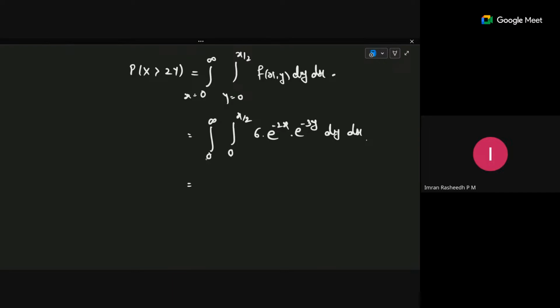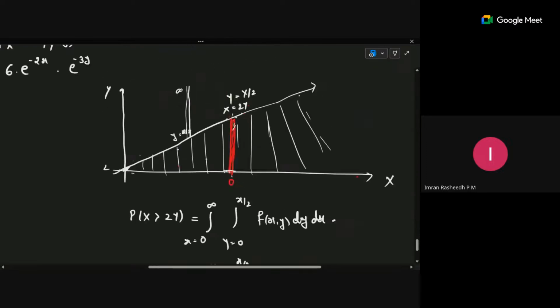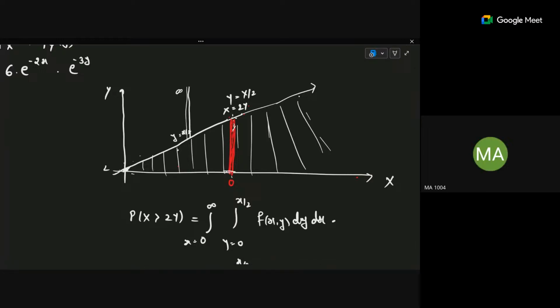The favorable region above the line, if you take the favorable region above the line, what would be the limit of y? x by 2 to infinity. No, I mean x, the other way. 0 to infinity again.